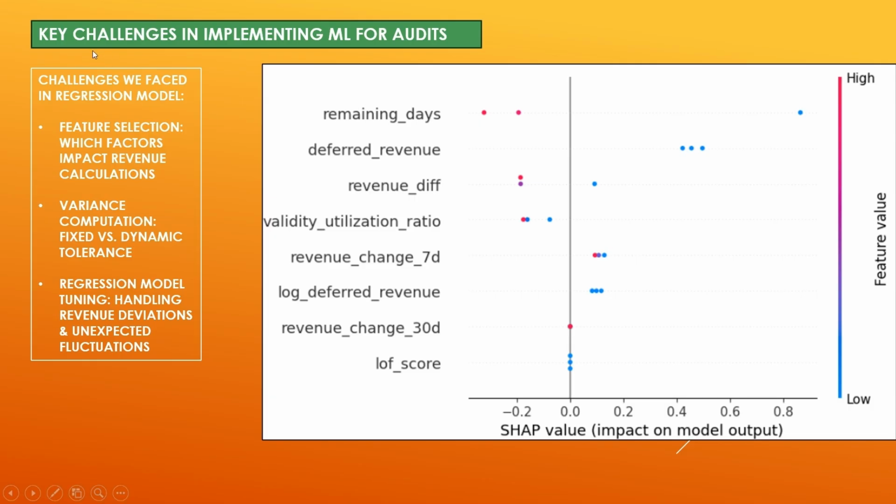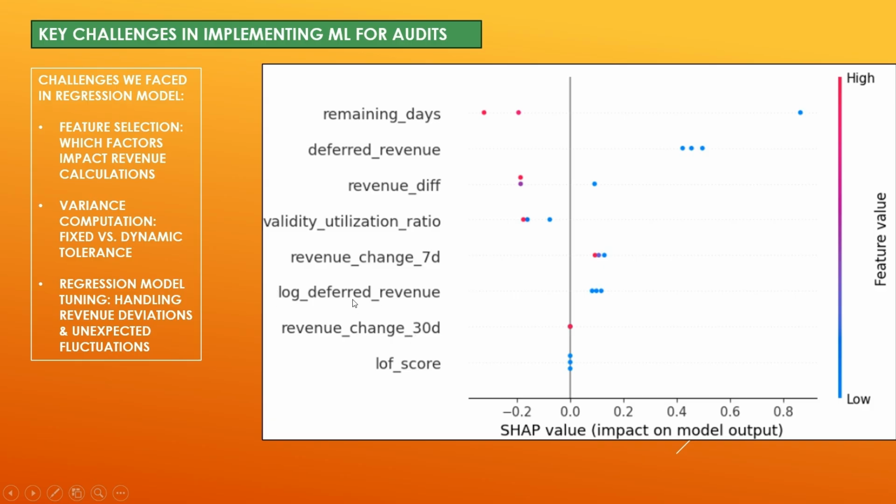I will tell you the key challenges in implementing these regression models for audits. Feature selection was very difficult. You can see how many features we have used: remaining days, deferred revenue, revenue difference, validity, utilization ratio, revenue change, 7 day rolling change. For 7 days we are watching log deferred revenue.